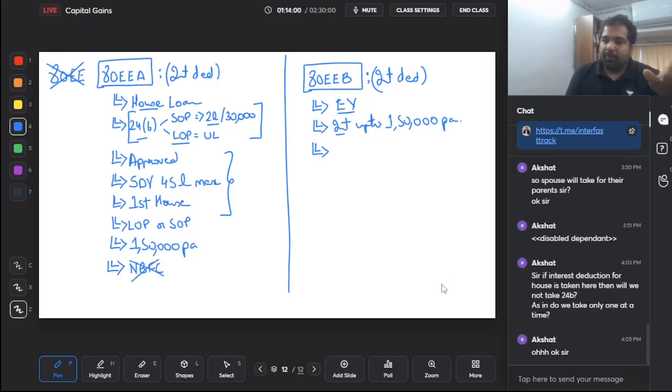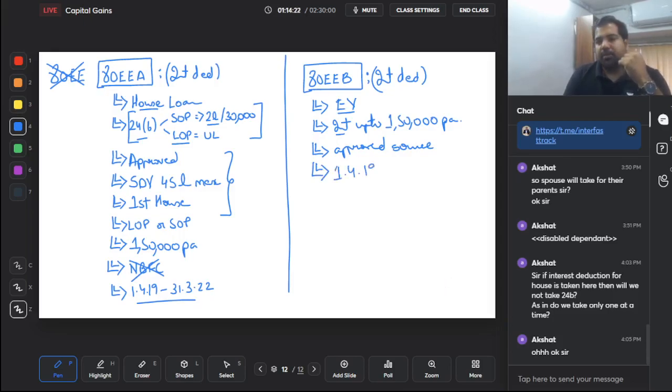That means it can be from a bank, but NBFC it cannot be. In 80EEA, it can be any approved source including NBFC. The house should have been purchased between 1st April 2019 and 31st March 2022, and this electric bike or electric car should have been sanctioned between 1st April 2019 and 31st March 2023.